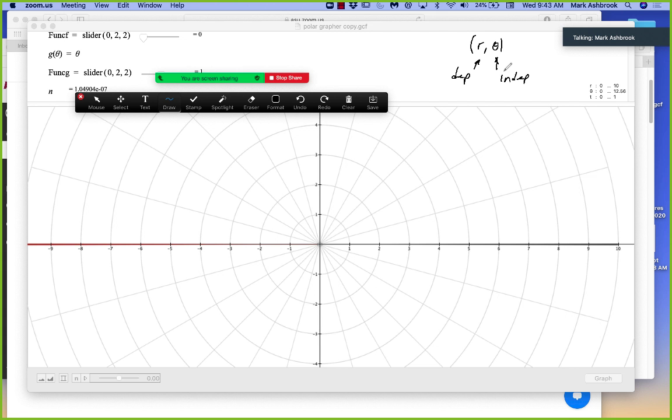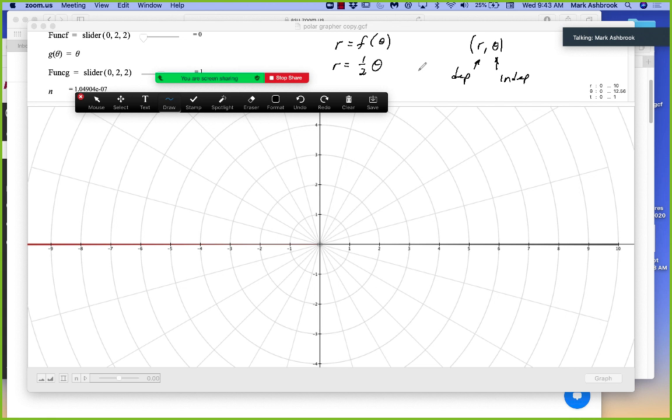For a value of theta, you're plotting r, the distance from the pole. That goes along with our polar graphs, which have this form, and this would be an example of that: r equals 1/2 theta.